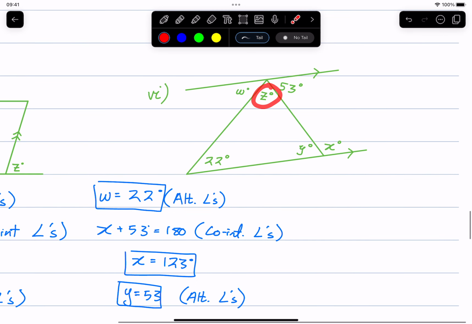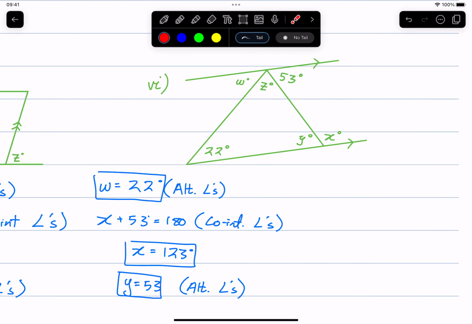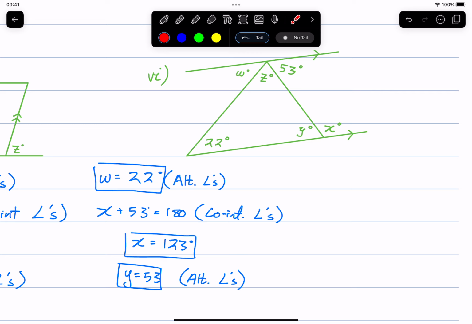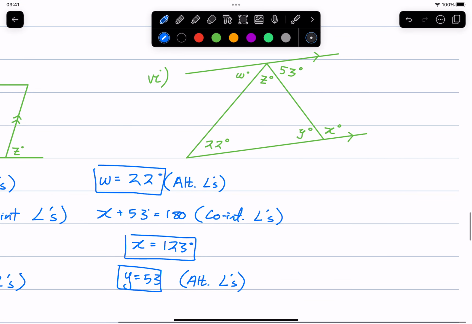Now for Z, there's actually a rather tricky one to figure out. For this, unfortunately, you can't use parallel lines, and you would have to use either angles on this straight line or the angle sum of a triangle like this. And for this one, I'm going to use the angle sum of a triangle.